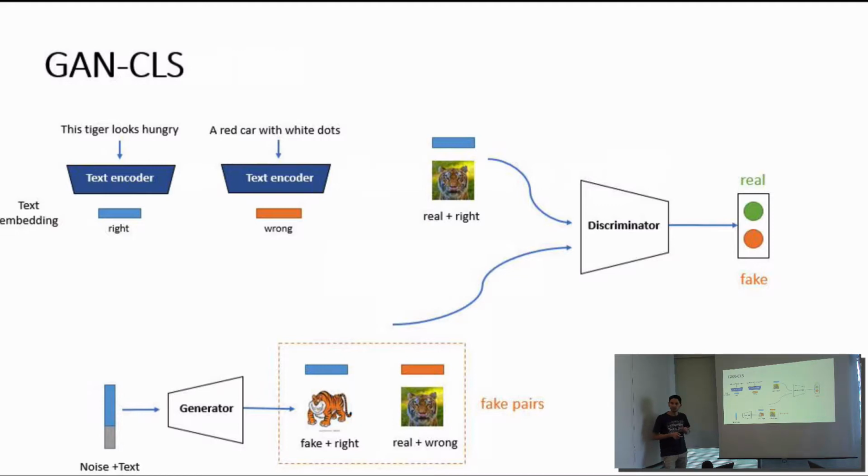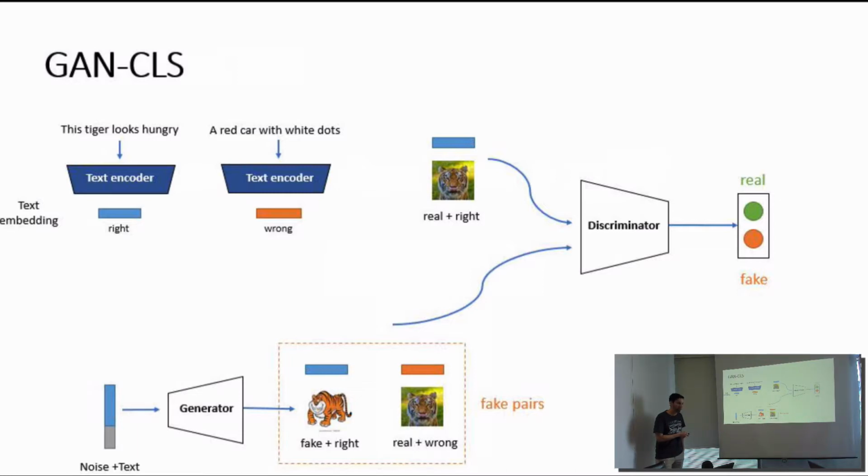So now you're saying there are three types of inputs: real and right from the dataset, real and wrong from the dataset, and fake and right from the generator. Yes.